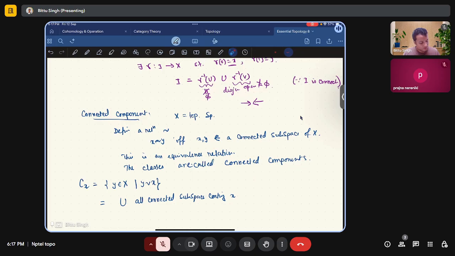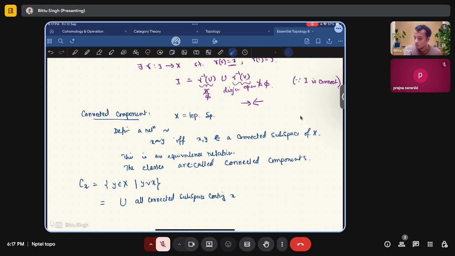So it is clear that this union is a subset of Cx, and similarly, if we choose any point y belonging to Cx, then by definition y and x belong to some connected subspace, but that is already included in the union. Therefore, those two things are the same.